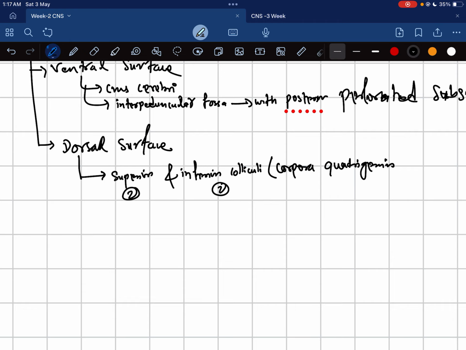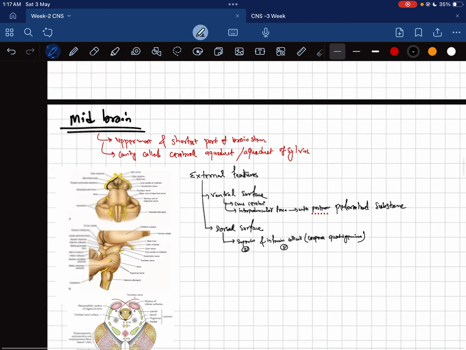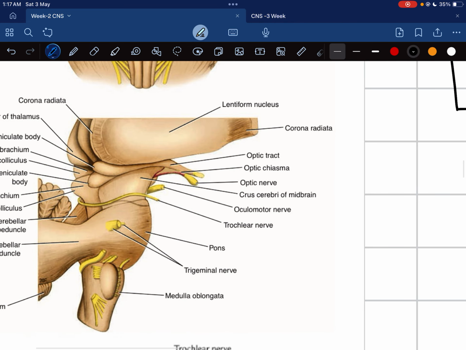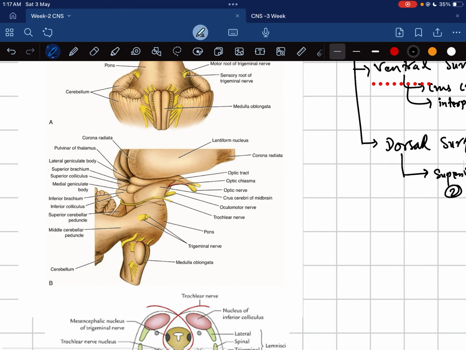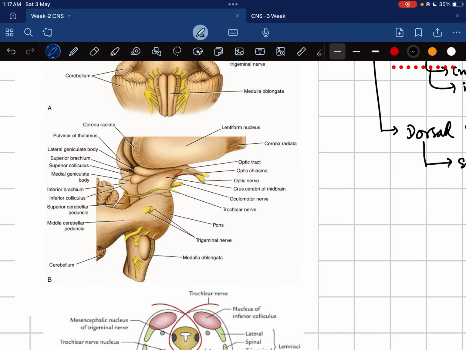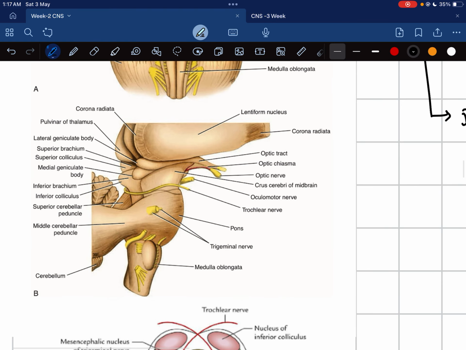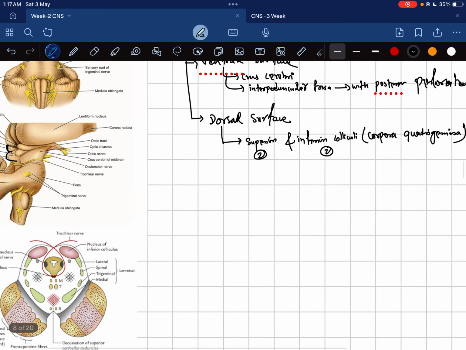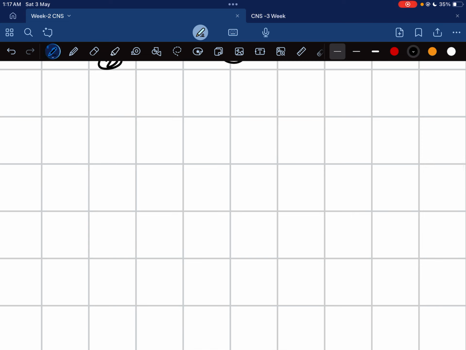So we're going to look at this image. This one is the superior colliculus, and this is the inferior colliculus. We can see in the image on the posterior side there are four in number.